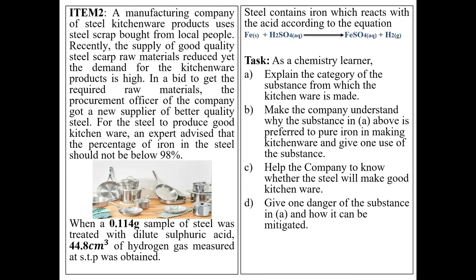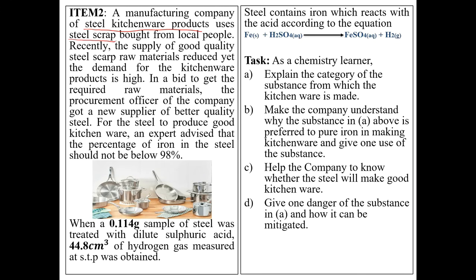I want us to go through this example very fast as I will highlight the key areas. So in this example, we're saying that a manufacturing company of steel kitchenware products uses steel scrap bought from local people.